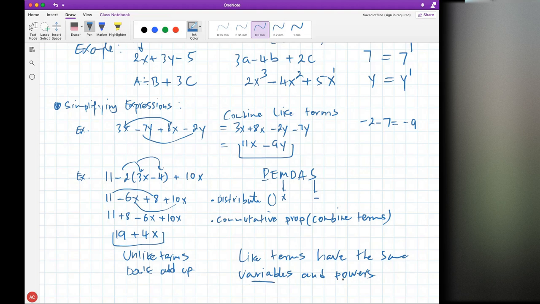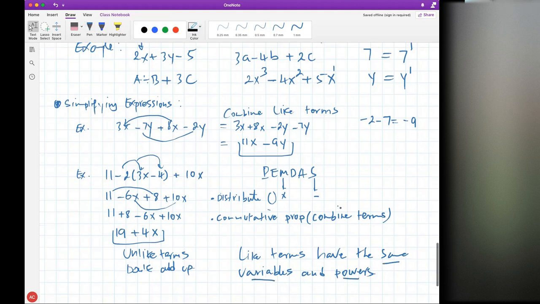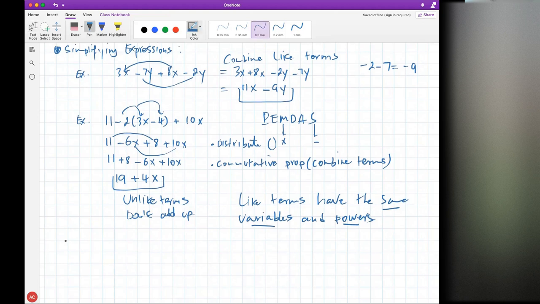Okay, they have to be the same variables and same powers in order to combine something. Otherwise, you won't be able to combine.